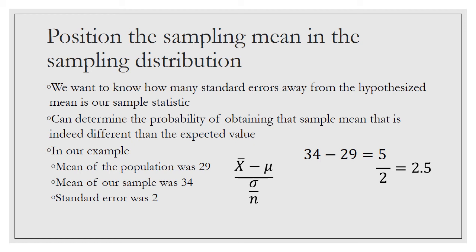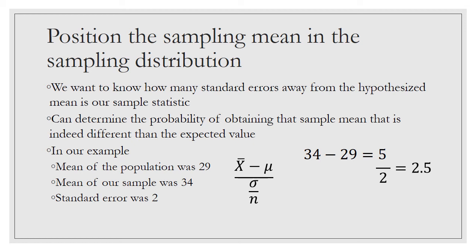We could use our distribution theory to get a probability, a chance that that would occur. That's what we were doing when we were looking at those probability distributions, but we were doing it in a more intuitive way. In your textbook, if you were to take that value of 2.5 and look it up on your table A in Appendix 3, you would see that you would end up with effectively about a 0.0062 probability of acquiring that value of 34.